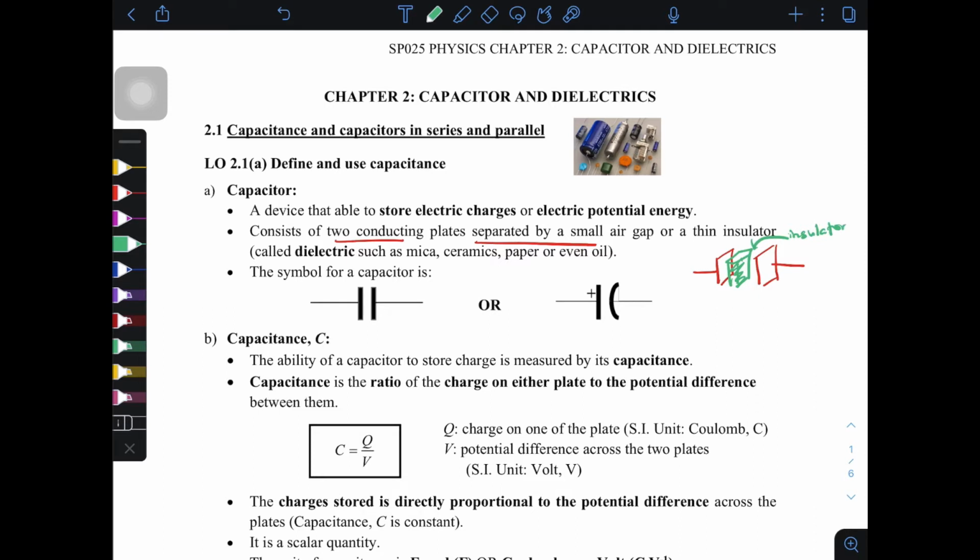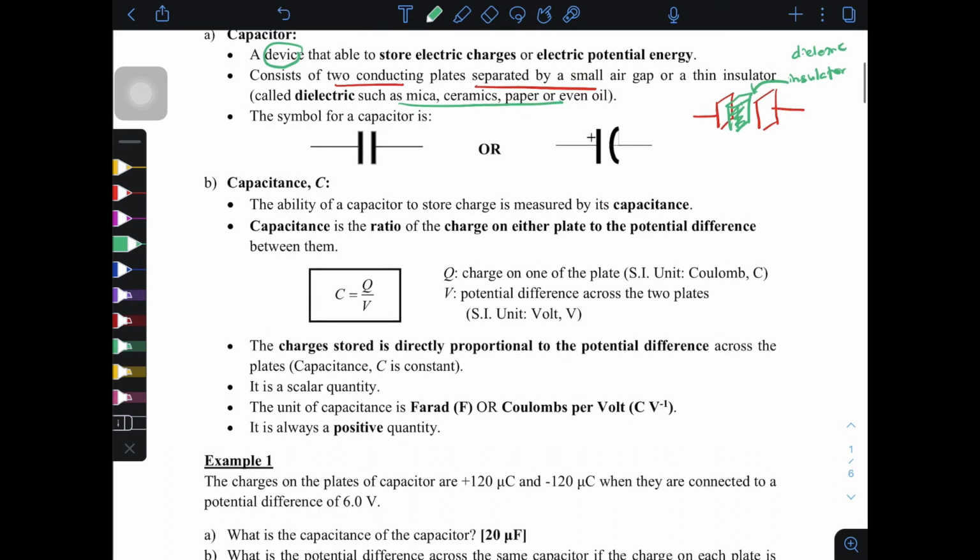Okay, so insulator ni boleh jadi anything yang dia tak boleh mengalirkan arus elektrik. So dia ialah biasanya kita letak dielectric. So dielectric can be mica, ceramics, paper or even oil. Okay, that is capacitor. Dia ialah device. Capacitor ni dia device.